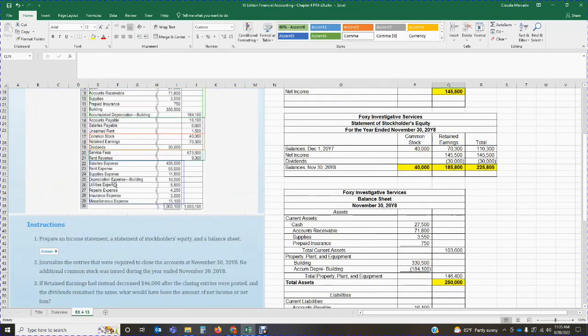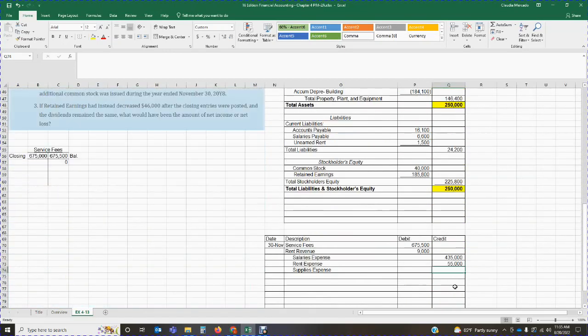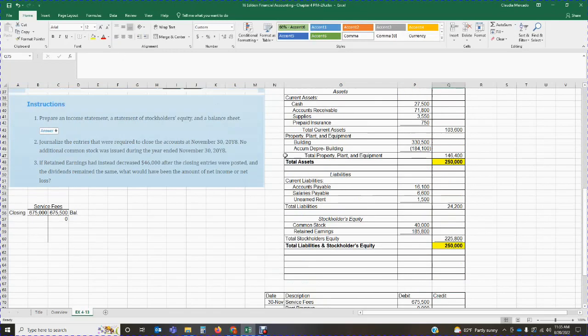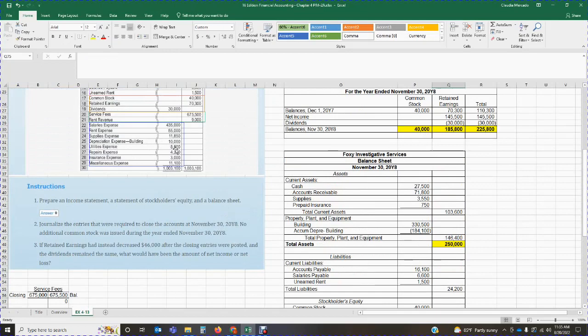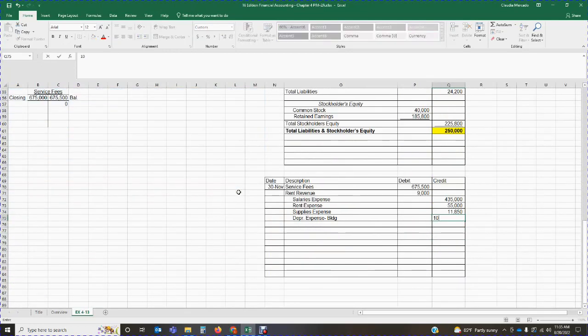Supplies expense has a debit of 11,850, so that means we're going to credit it 11,850. Okay. We have depreciation expense. My depreciation expense for the building is 10,000. We're going to credit it.